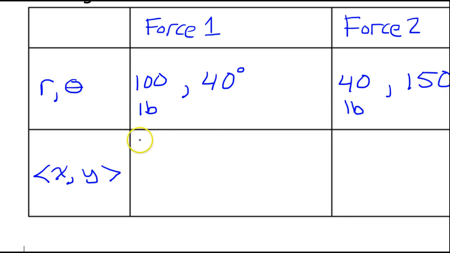For force 1, that will be 100 cosine 40, and then 100 sine 40. We can just find the value of these expressions using a calculator.